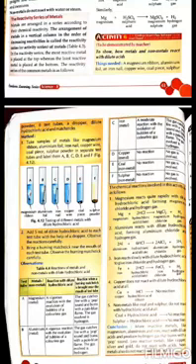Like here we have taken dilute hydrochloric acid, and they produce hydrogen gas that burns with a pop sound. Less reactive metals like copper, silver and gold do not react with acids.